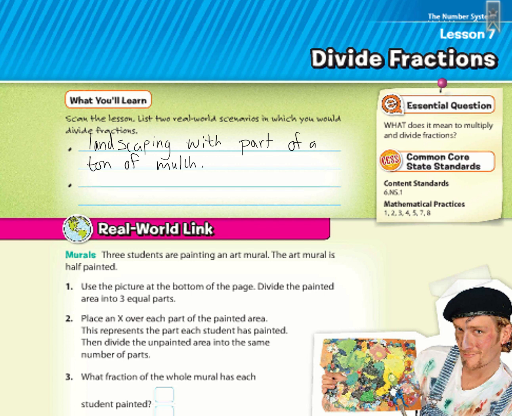Next, we're going to say finding area of a section of land.